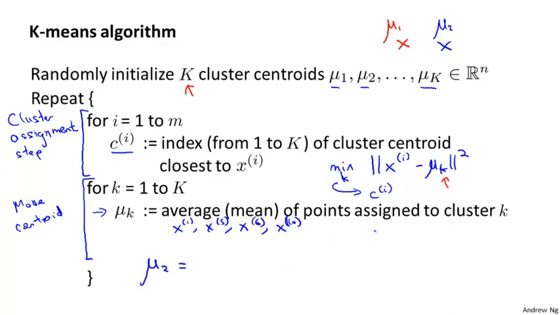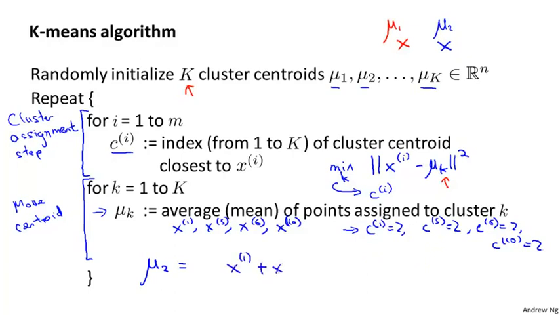This means that c1 equals c5 equals c6 equals c10 equals 2. If we got that from the cluster assignment step, then that means examples 1, 5, 6, and 10 were assigned to cluster centroid 2. Then in this move centroid step, what I'm going to do is just compute the average of these four things.